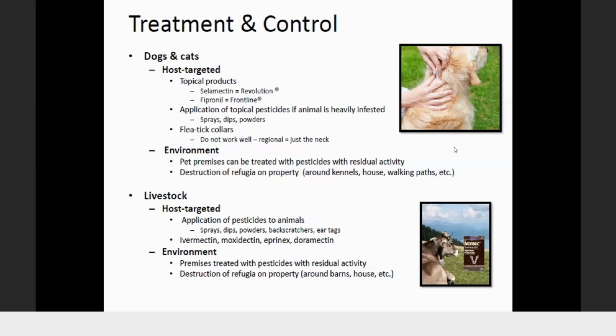And then the environment, same thing, okay, premises need to be treated with pesticides, and then we need to remove the larvae and also the nymphs from around the barns and the house of the animals.